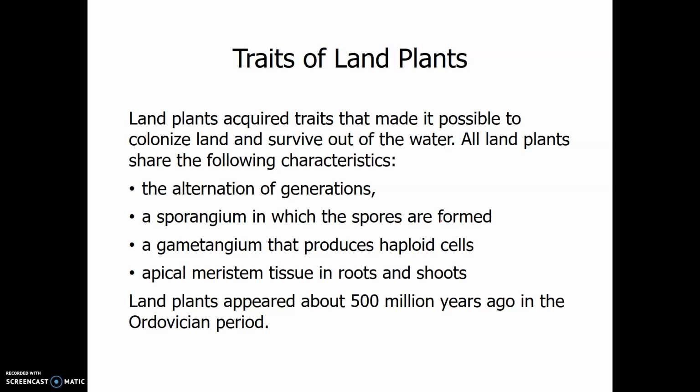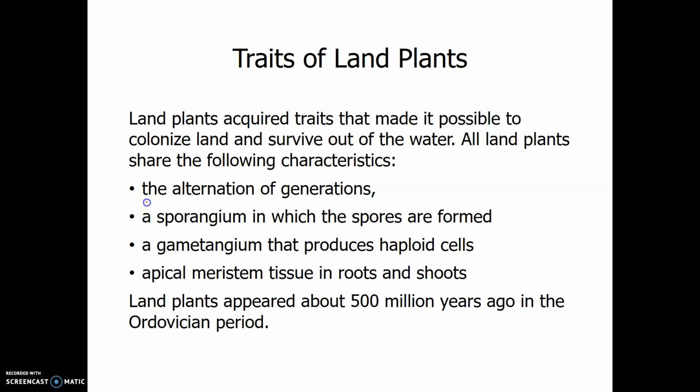Of the ones that produce seeds, they're either naked seeds, like seeds within a cone, such as a pine tree, or they are seeds that are protected by a fruit and a flower. So that's how we're going to study the plants, grouped based on those characteristics. But what do all land plants have in common?